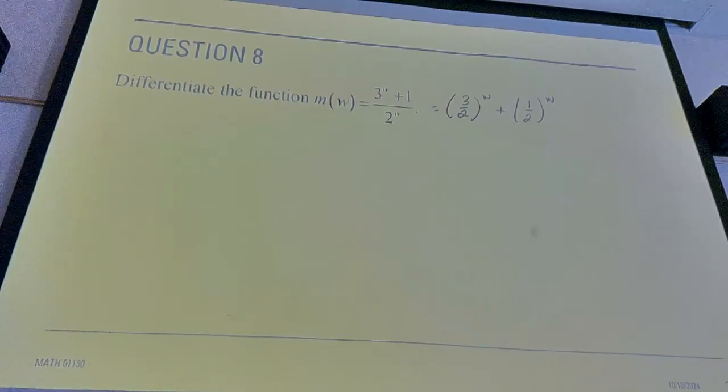What's that derivative then? To the W times the natural log of 3 over 2 plus 1/2 to the W times the natural log of 1/2.